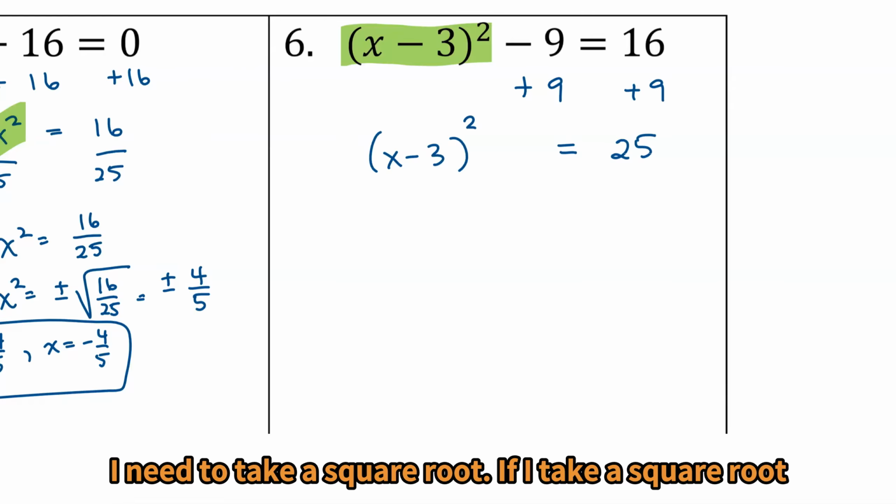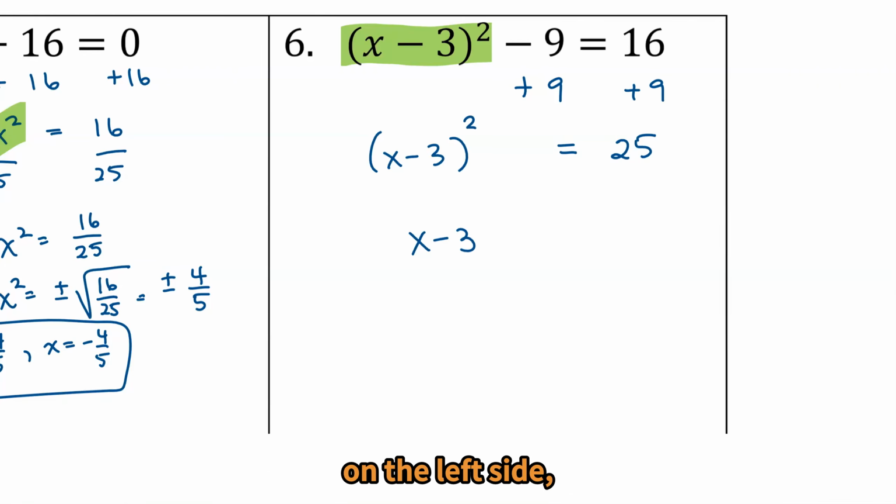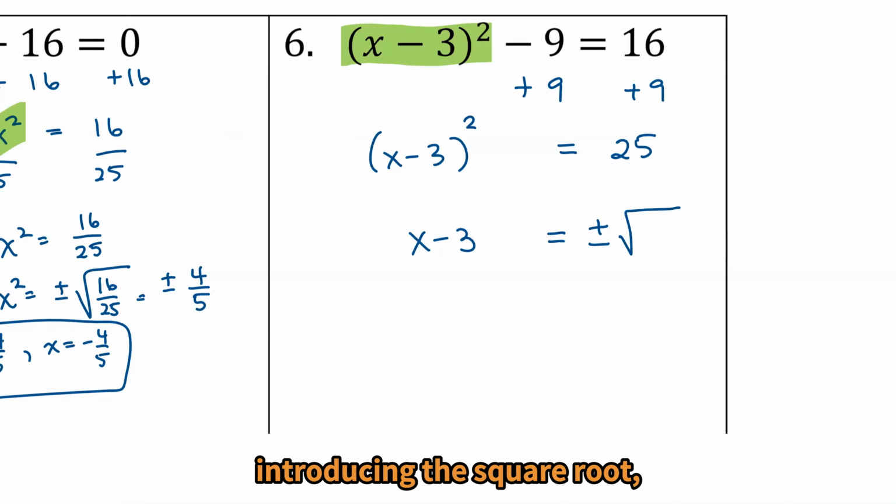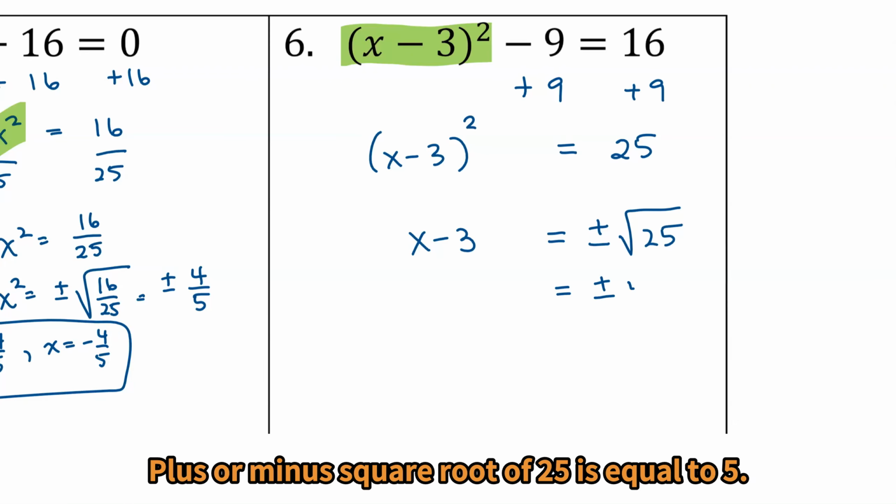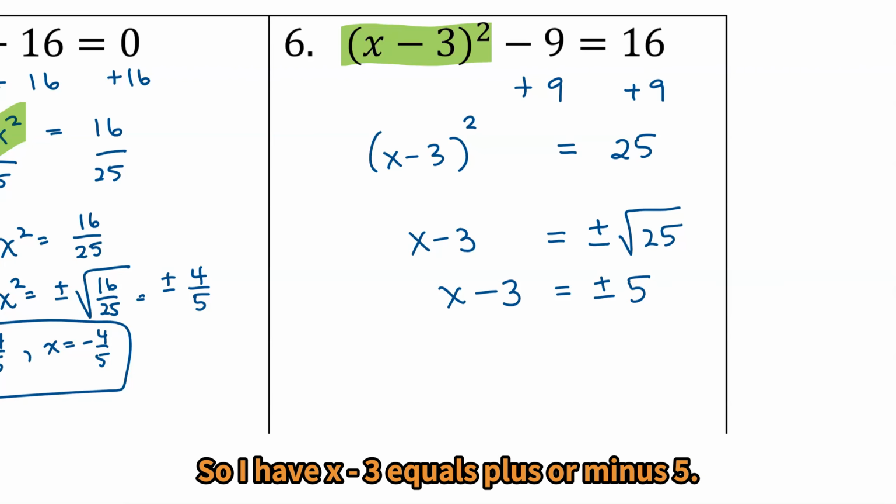I need to take a square root. If I take a square root on the left side, I get x minus 3. Taking it on the right side, introducing the square root, I have a plus or minus there. Plus or minus square root of 25 is equal to plus or minus 5. So I have x minus 3 equals plus or minus 5.